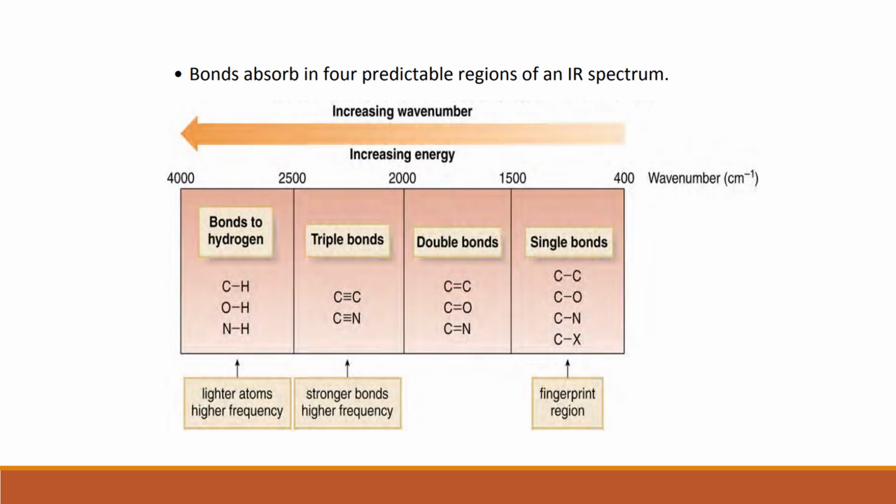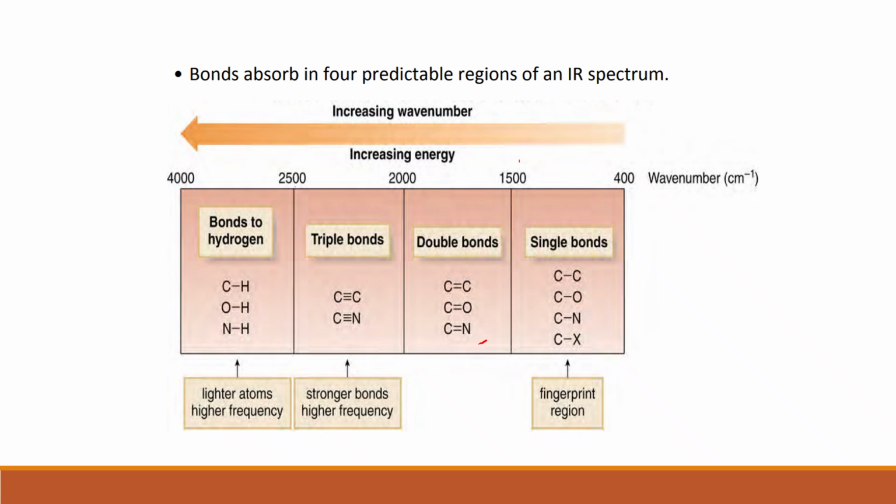Hey, how can I memorize all of those? It's so difficult for me. The fingerprint region is all your single bonds, which is why it's difficult to depend on it solely. 1500 to 2000 is where you see your double bonds. 2000 to 2500 is your triple bonds.